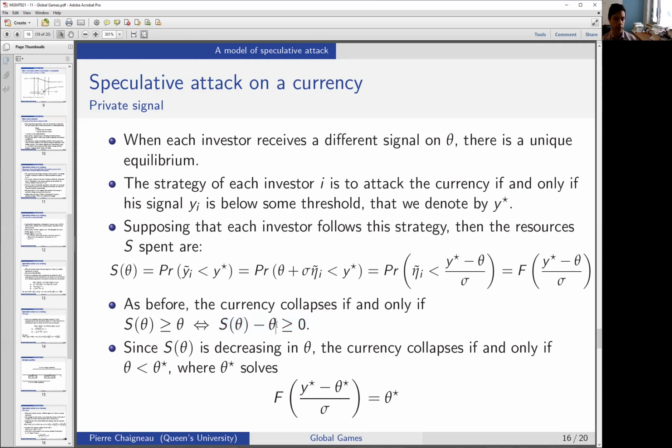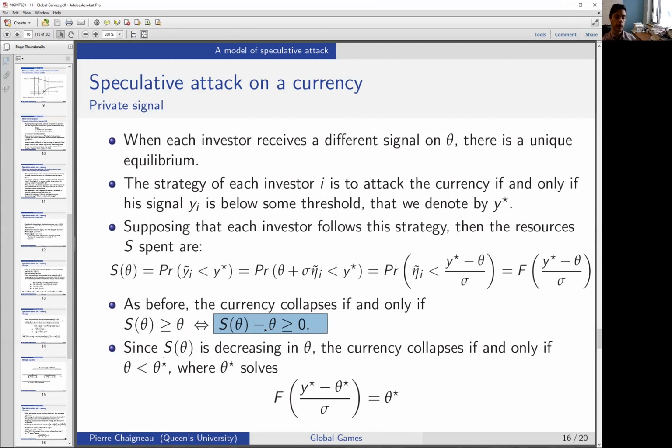But now what is the behavior of this function? As just discussed, S of theta is decreasing in theta. And obviously minus theta is decreasing in theta, meaning that the left-hand side of this equation is decreasing in theta. And the currency is going to collapse whenever this expression on the left-hand side is positive.